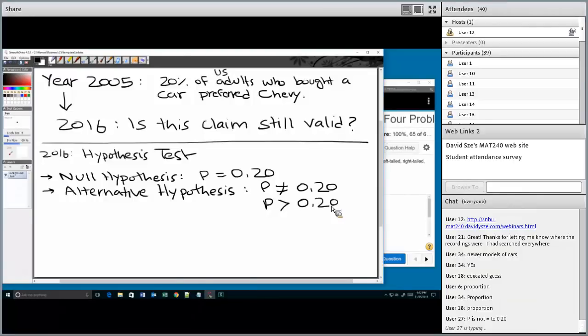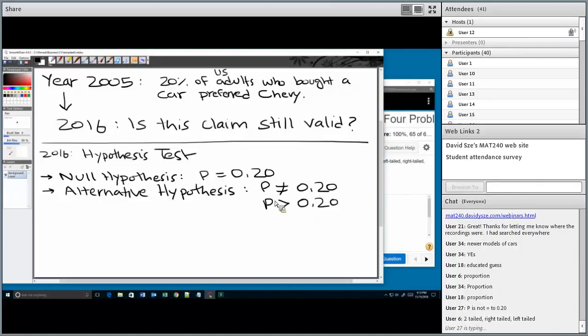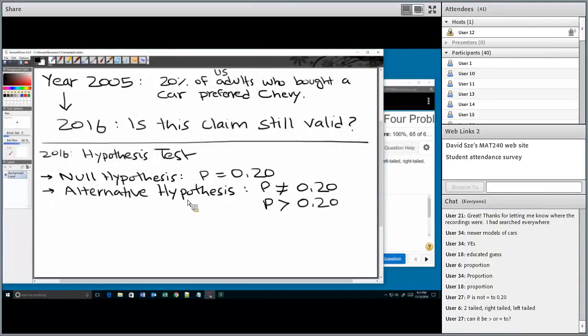Okay. So maybe we'll find that the data that we've collected is showing us that the proportion of adults who prefer Chevy now is more than 20%. So in that case, the alternative hypothesis will be that P is greater than 20%. Now, a lot of the problems will tell you what the alternative hypothesis should be, but you will be required to know how to select the right alternative hypothesis, and this will come as practice.